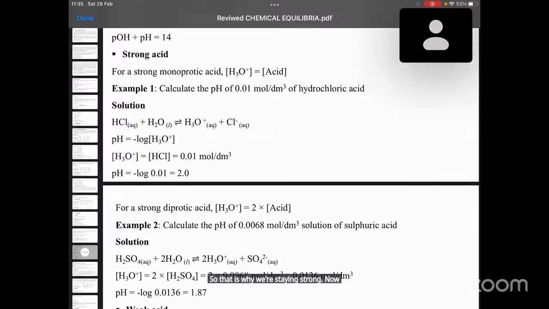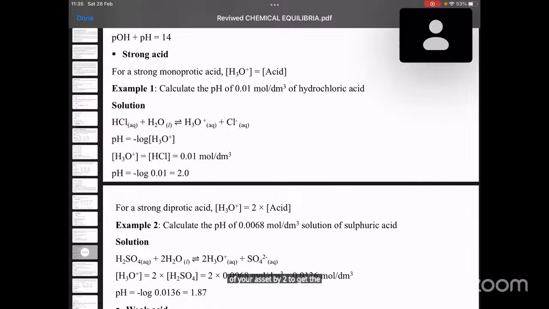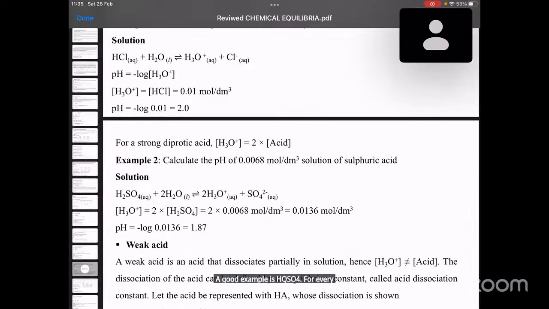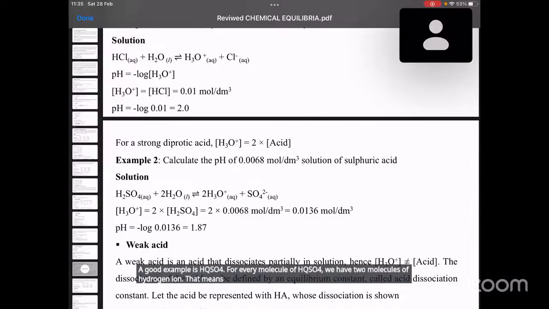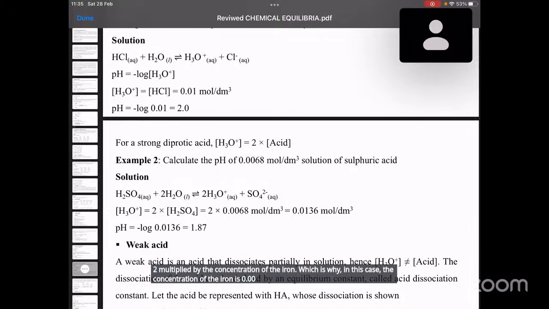Now, when you have a strong diprotic acid, you multiply the concentration of your acid by 2 to get the concentration of your hydrogen ion. A good example is H2SO4. For every molecule of H2SO4, you have 2 hydrogen ions. That means when you have 1 mole of H2SO4, you have 2 moles of hydrogen ion. To get your pH, it is minus log of 2 multiplied by the concentration of the acid, which in this case is 0.0068.